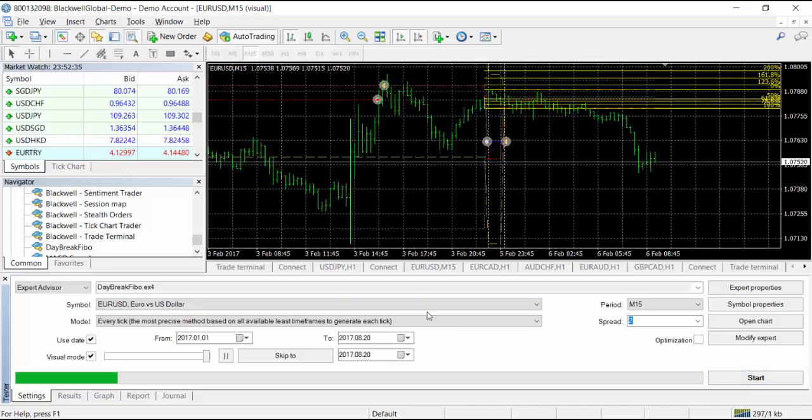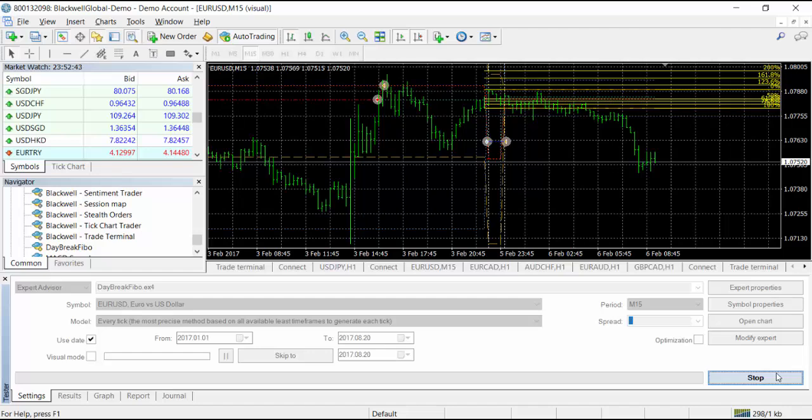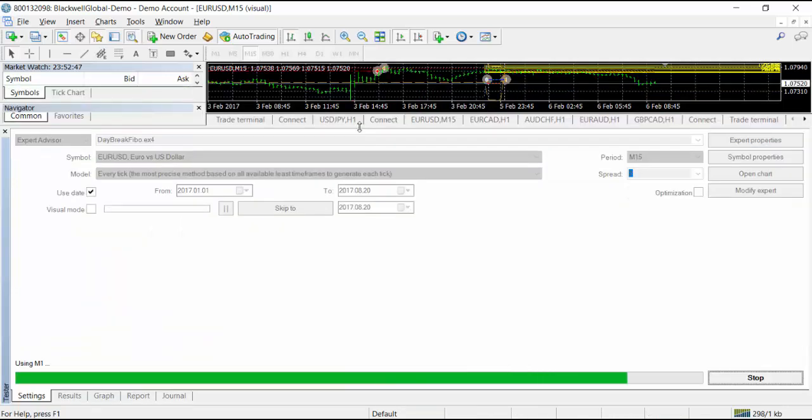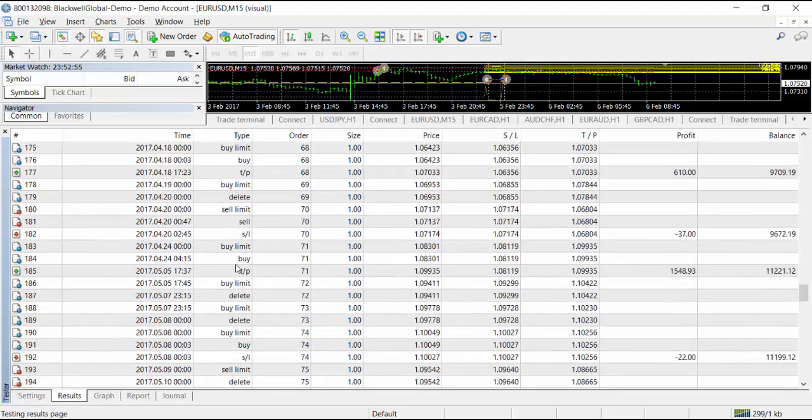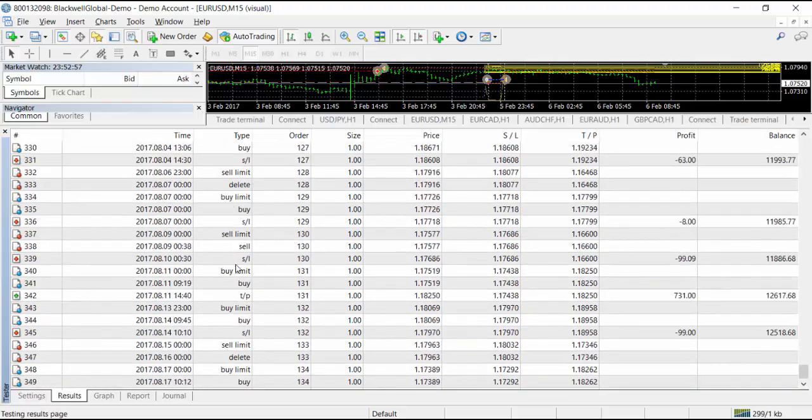For me personally, it's quite important that I can see in the strategy tester that it's doing the right thing, that it's doing what it's supposed to do. But once I have confidence in that, I can click away from visual mode and just click on start, and it will do the same thing without showing me every single entry and exit. It will just go through the trades one after another.